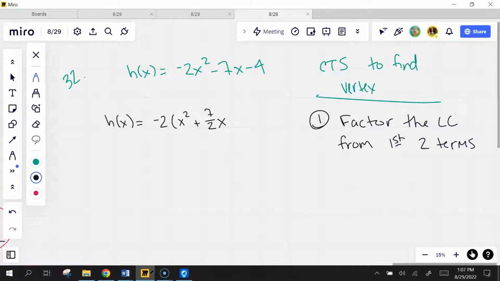Just like before, I'm going to leave a hole. Okay, because I'm going to put something in this blank right here. I'm going to close, but don't forget this -4 that I had. We haven't got to that step yet. Right now, all we did was take out the leading coefficient.